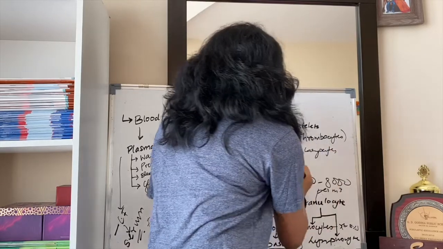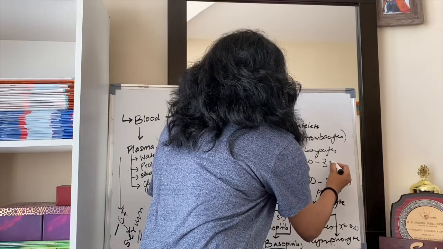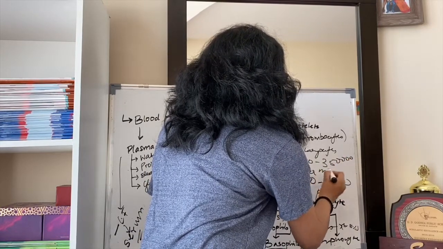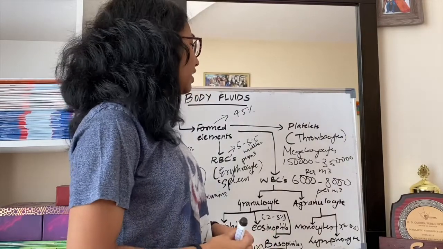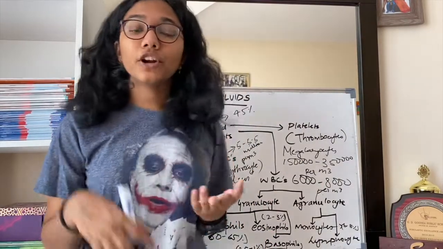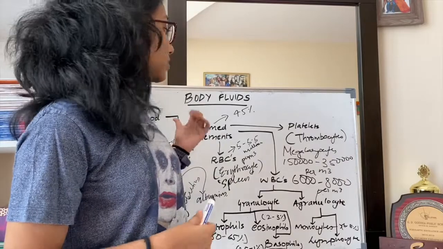They're about 50 per meter cube in blood. So they are slightly greater than WBCs, but yeah. So platelets are involved in our blood clotting, and that's it about the body fluid blood and its composition.